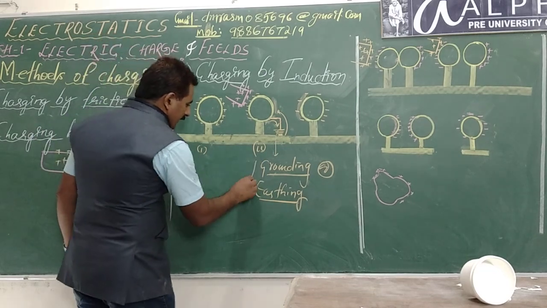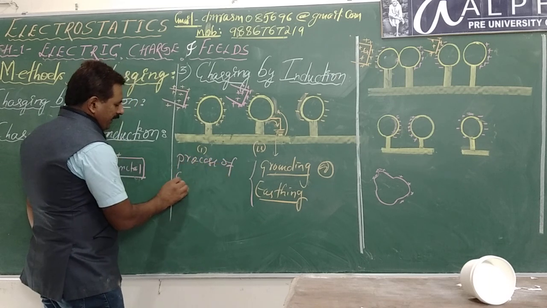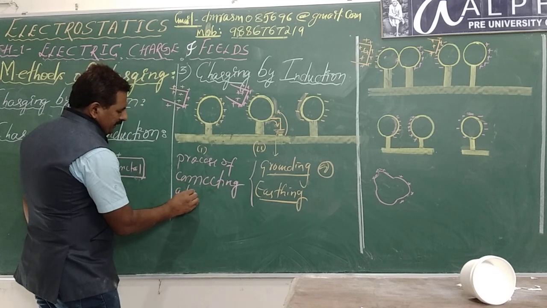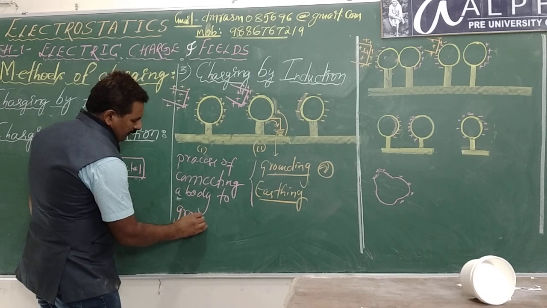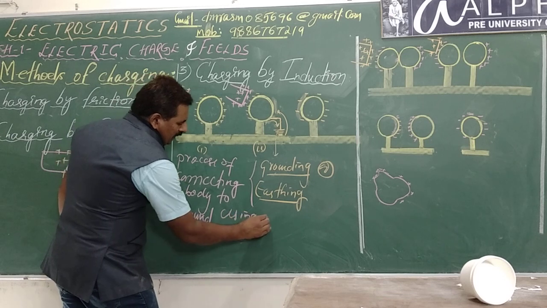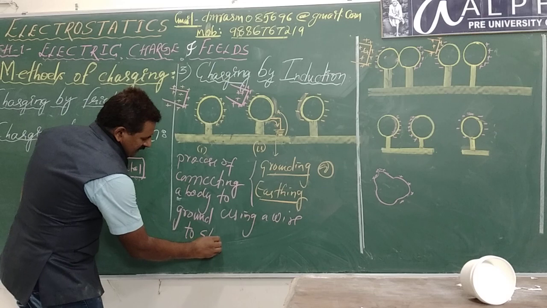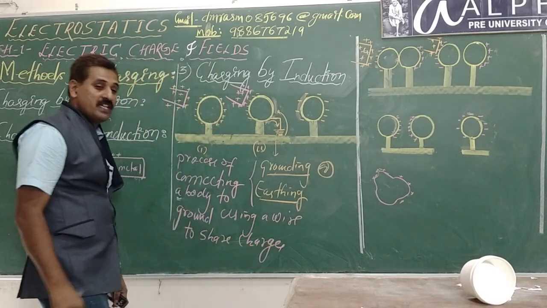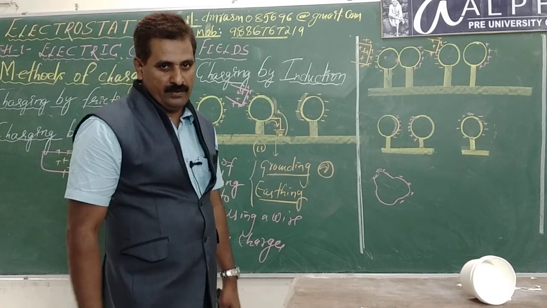Grounding or earthing is a process of connecting a body to the ground using a wire to share charges or exchange charges. That's called grounding. Maybe one more question you have to remember, right?